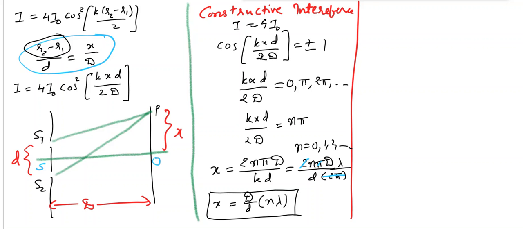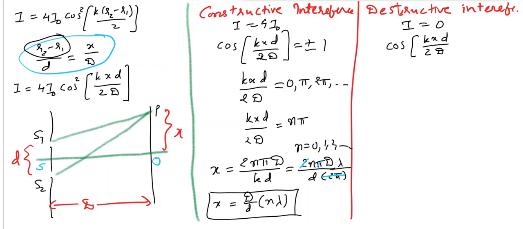Similarly for destructive interference, at which distance will destructive interference take place? Again for destructive interference, I should be equal to 0. It means that cos k x d by 2D must be equal to 0, which is possible only if k x d by 2D becomes pi by 2 or 3 pi by 2 or 5 pi by 2, and so on.